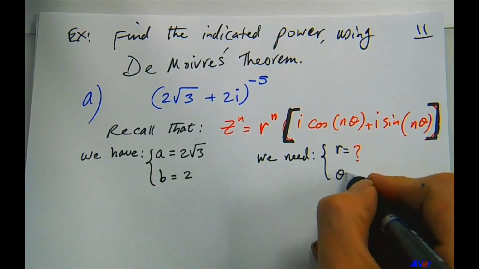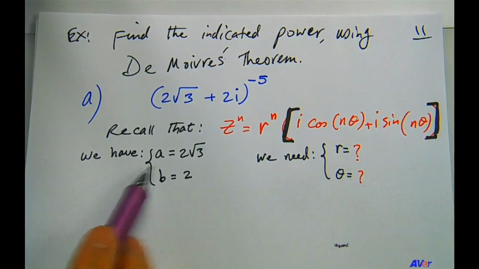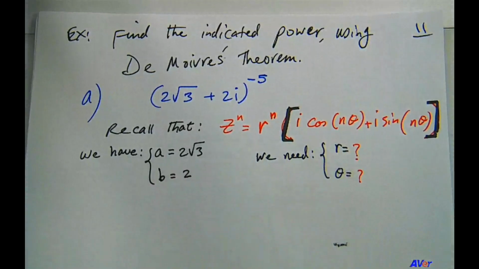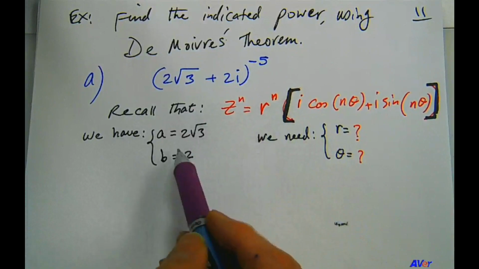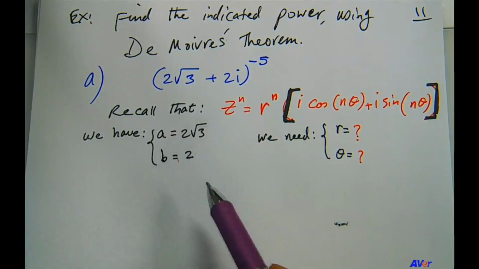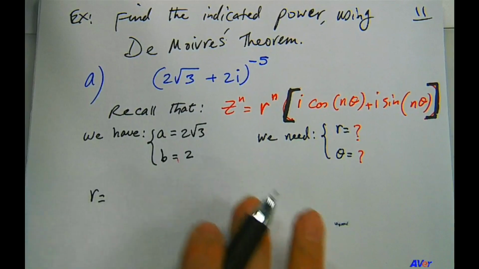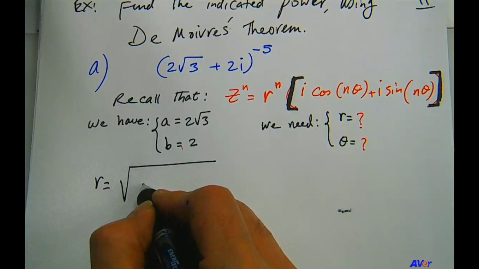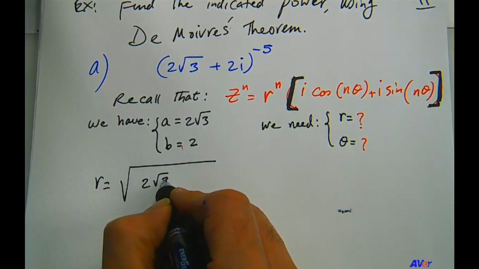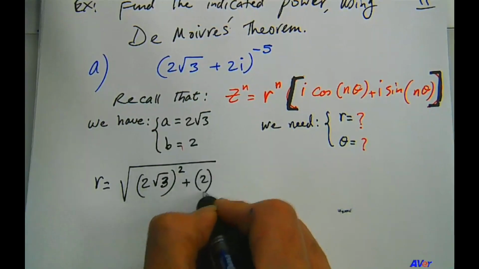And also theta is a question mark. Okay, so the connection between these two is pretty straightforward. The r is square root of a squared plus b squared. So let's find that. So we have r equals the square root of 2 square root of 3 squared plus b squared.